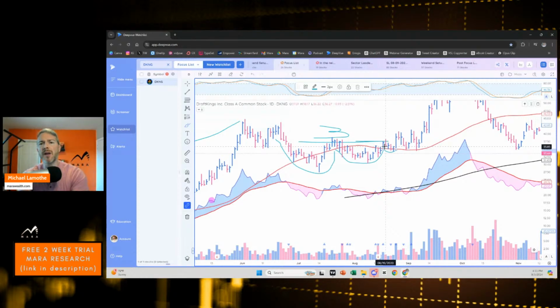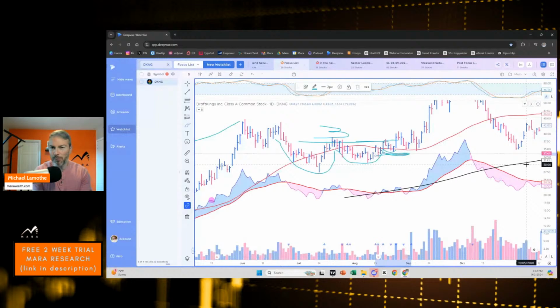Not only does it give us opportunity, it also gives us low risk, because when price is tightening up and tightening up and tightening up, it gives us an area where we could say, all right, if price breaks above this, then I'll be in. And if it falls below this, then I'm out.